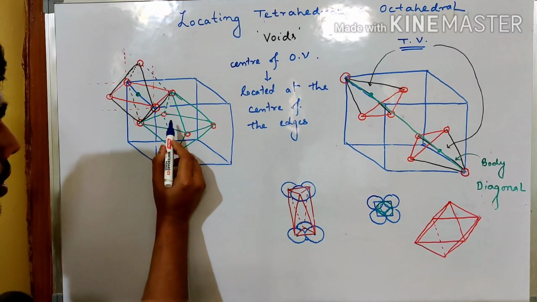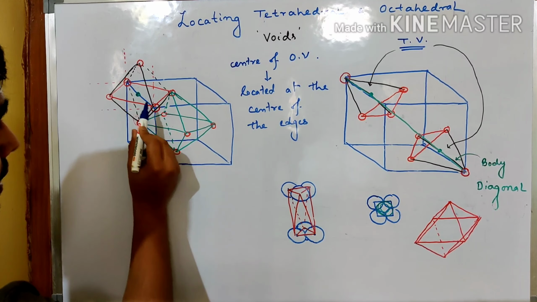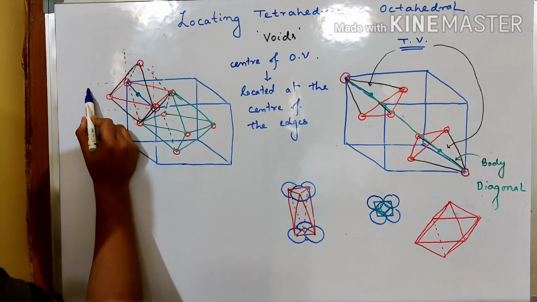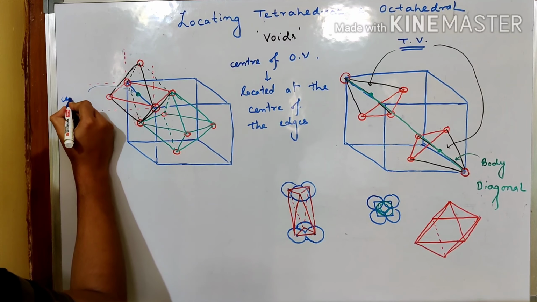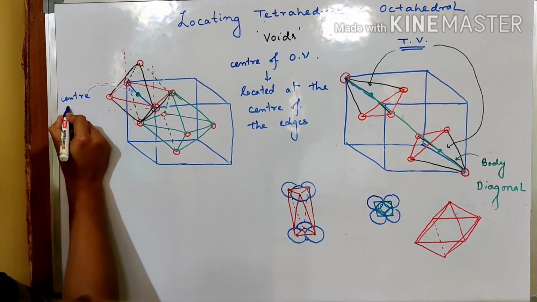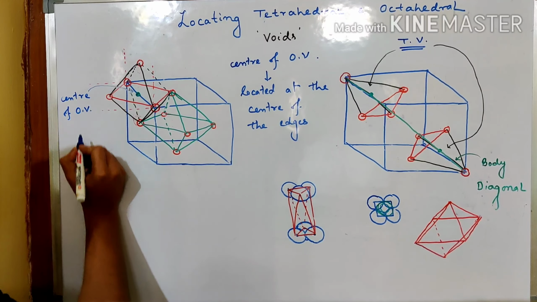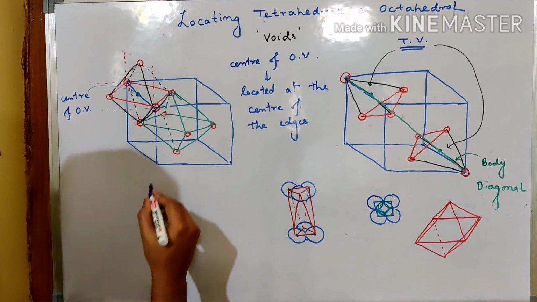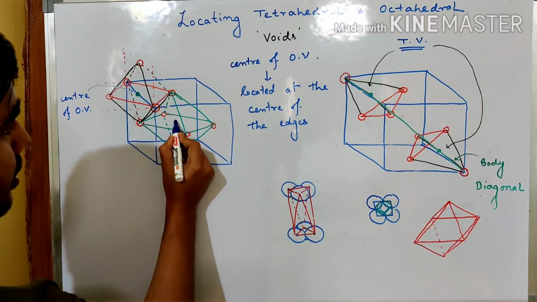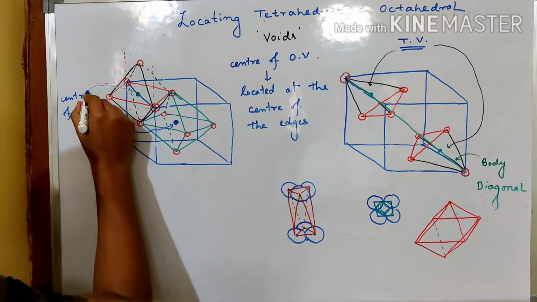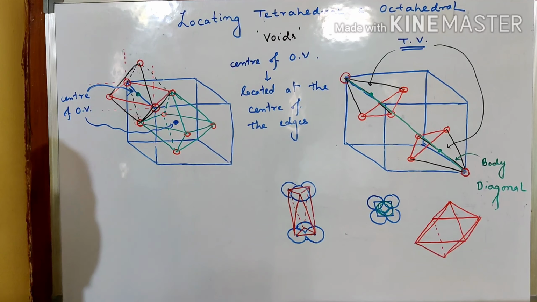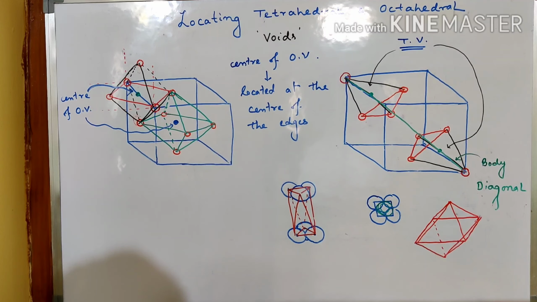I have forgotten to mention that, like we have found out the center. This is what? Center of octahedral void. Similarly, there will be another center here of octahedral void. So there are two centers of octahedral void at two different positions.